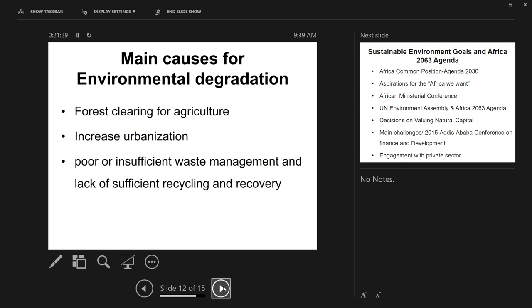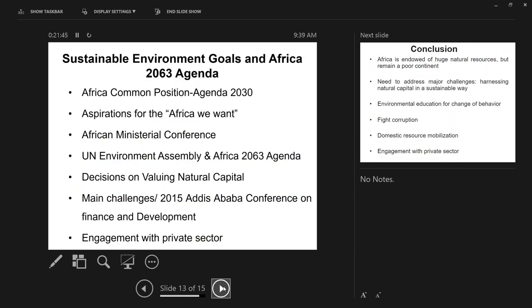So I would like to mention quickly the ongoing initiatives at global, regional, and national level regarding how we address environmental sustainability.